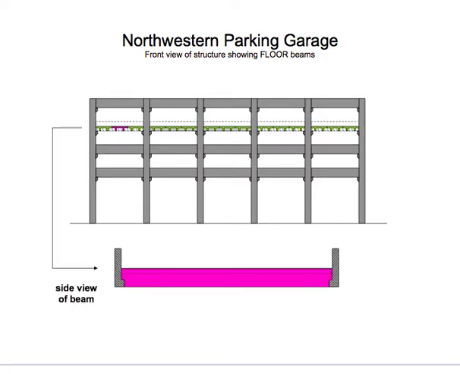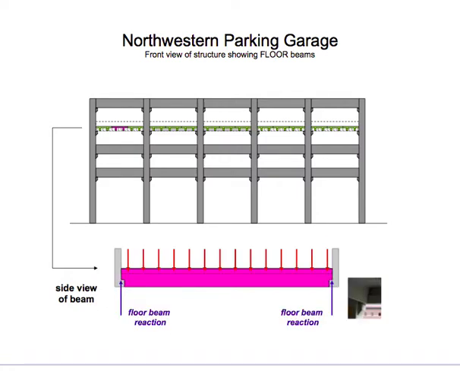If we look at the free body diagram of the beam from the side view, we see that the horizontal support beams are here. And in terms of forces, there are reaction forces on the floor beams from the horizontal support beams. They're effectively simply supported beams.